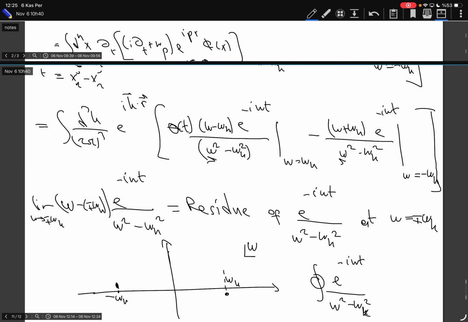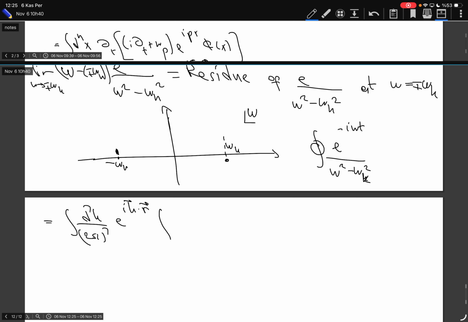Now the remaining part is nothing but d omega divided by 2 pi i. Remember, the contour integral, the Cauchy residue theorem, will give me 2 pi i times the sum of the residues, e to the power minus i omega t divided by omega squared minus, well, let's see, omega k minus i epsilon squared.